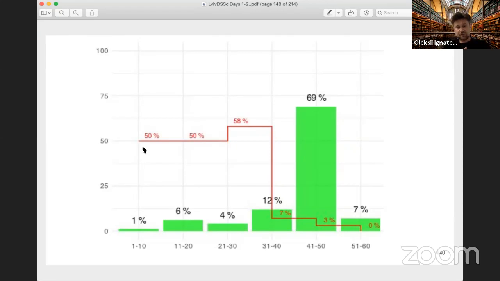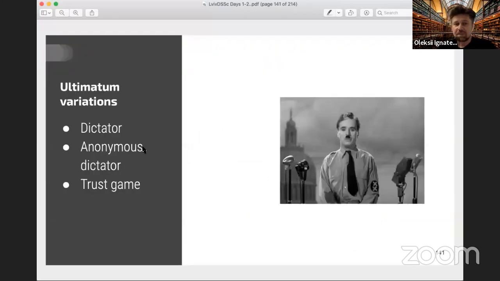What is interesting is that many persons propose 50-50, and the researchers started to think that maybe we can try something different, and they proposed the Dictator game. Dictator is the game where the second player has no possibility to reject.